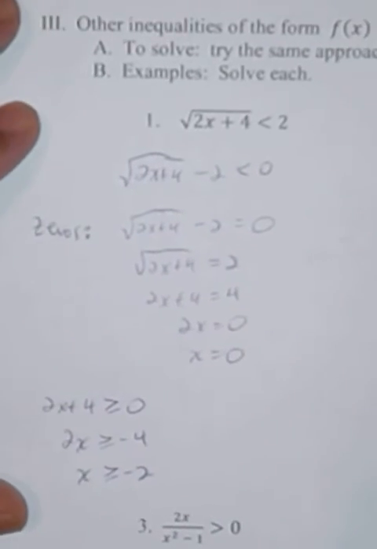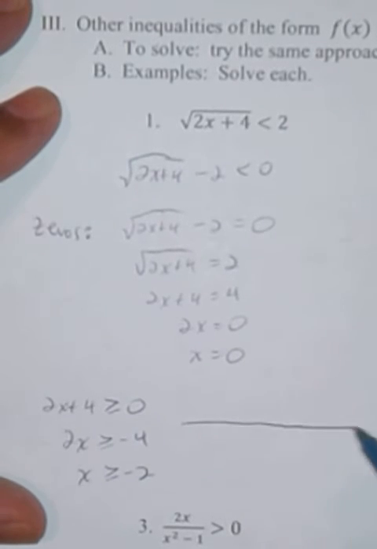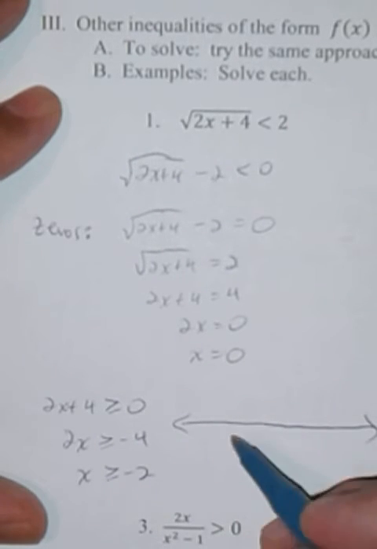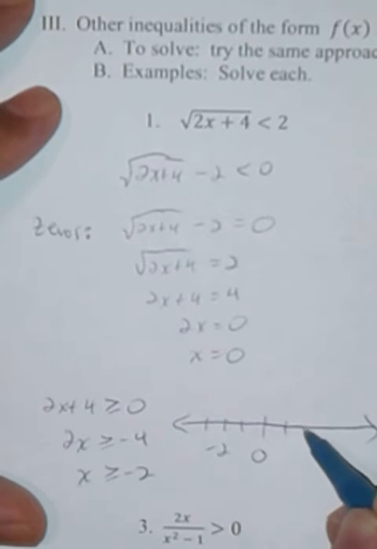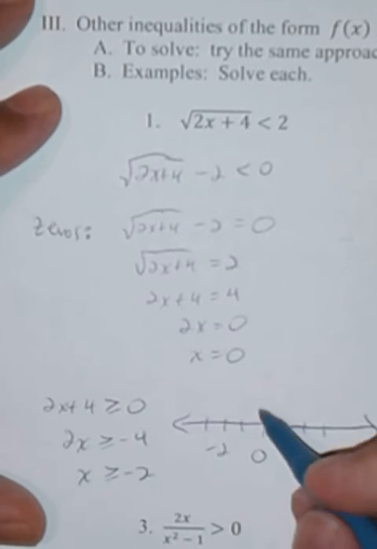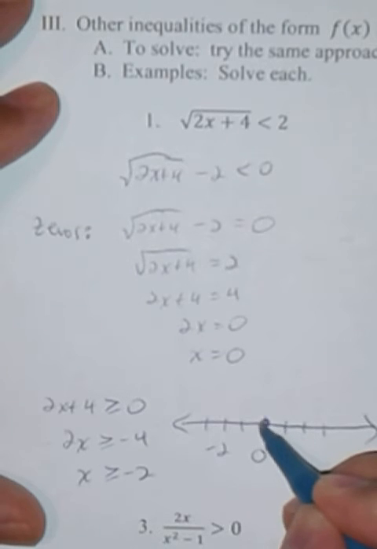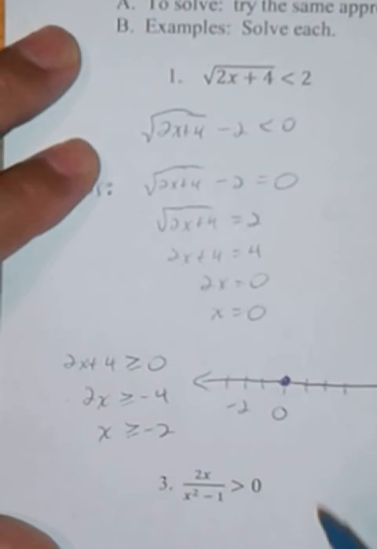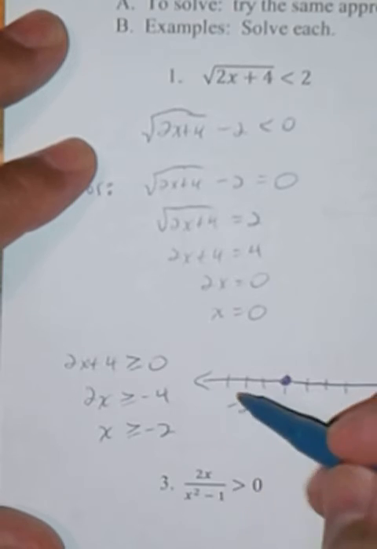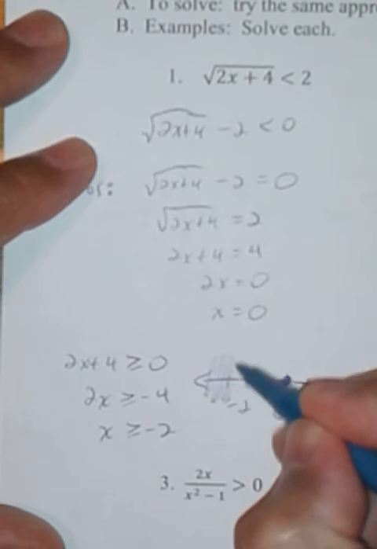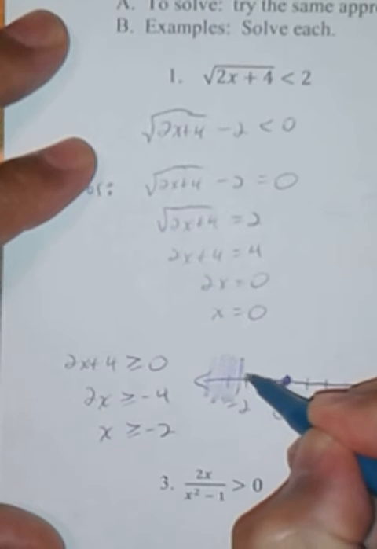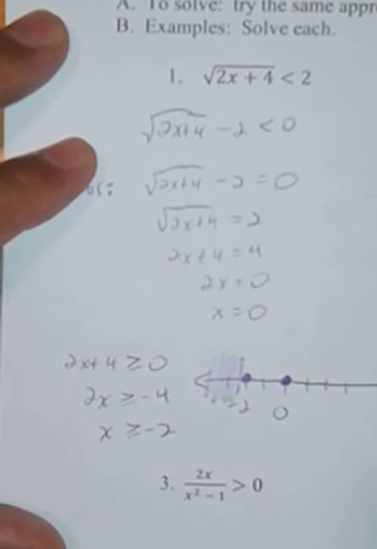Okay? So if I draw a number line, 0, 1, 2, 3, and negative 1, 2, 3. And so x equals 0 is a zero. And then x equals negative 2, well, that just means I cannot consider any values to the left of negative 2. So my values are going to have to go from there to there.